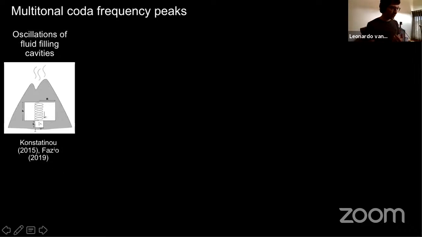What experimental data from Facio shows is that this cavity must be closed, and the pressure differential must be high for this to occur. This is consistent with the idea of a seal of the hydrothermal system, where we have these sealed cavities, so the gas that enters can oscillate in this fashion. The frequency of these oscillations will show in the signal that we see.